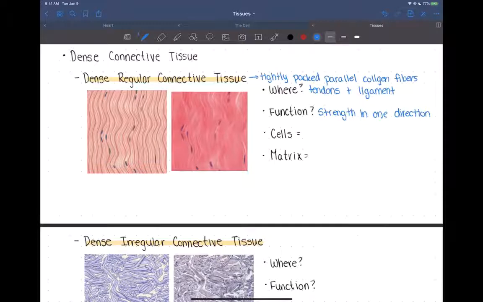And then the cells, it's chock full of fibers, right? So the cells we're going to be concerned with are fibroblasts. All right, so lots of fiber-making cells to make and maintain all of those collagen fibers. And then for the matrix, we're going to have obviously a lot of collagen. There are some elastic and some reticular fibers, but there's going to be lots of collagen.